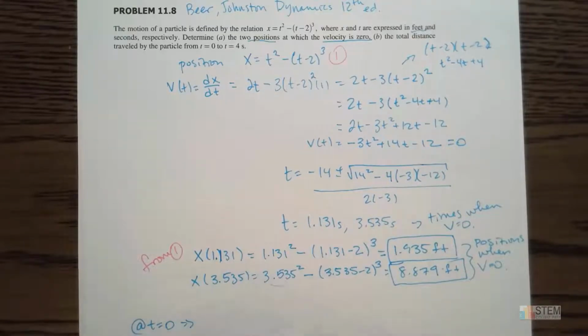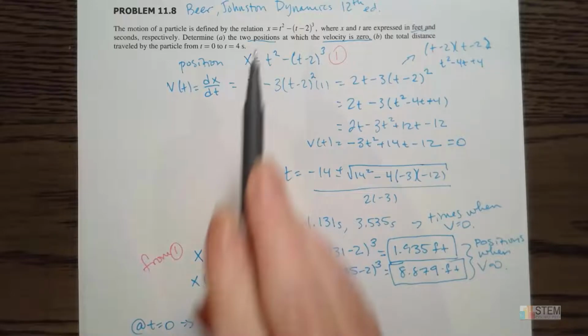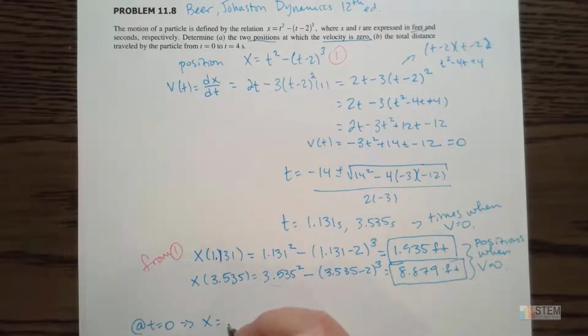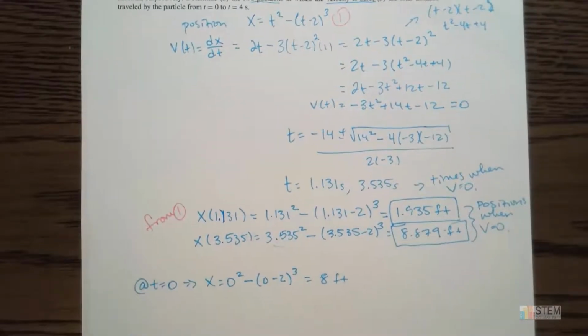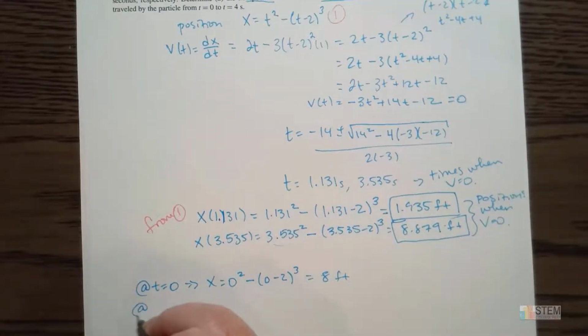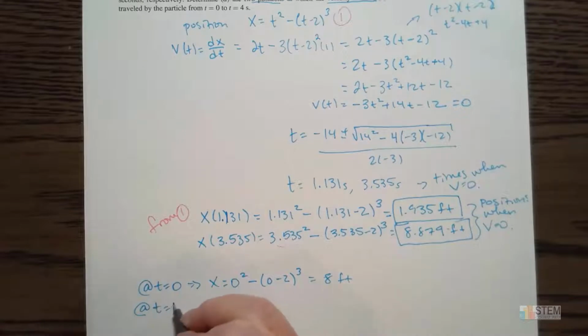Okay, so when t is 0, if we plug that into this equation here, we're going to get 0 squared minus 0 minus 2 cubed. And what's that going to be? 8 feet. Now let's look at 4 seconds.